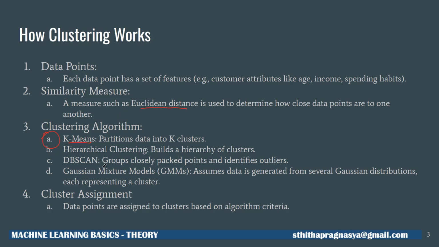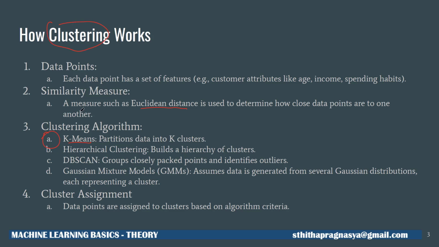And DBSCAN is a density based algorithm that forms clusters based on areas of high density, identifying noise or outliers in low density regions. And another one is Gaussian mixture models. This is a probabilistic model that assumes data is generated from a mixture of several Gaussian distributions, each representing a cluster. Okay, so these are some of the clustering algorithms, where you will use the clustering technique.